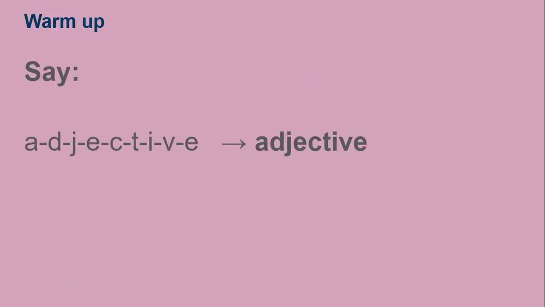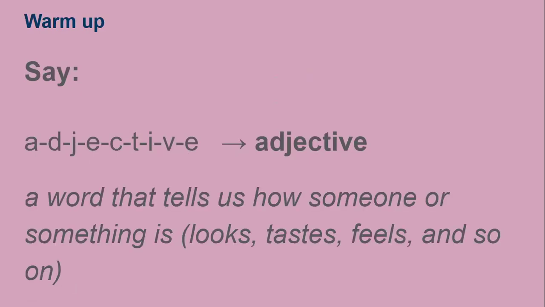Now, what is an adjective? An adjective is a word that tells us how someone or something is, looks, tastes, feels, and so on.